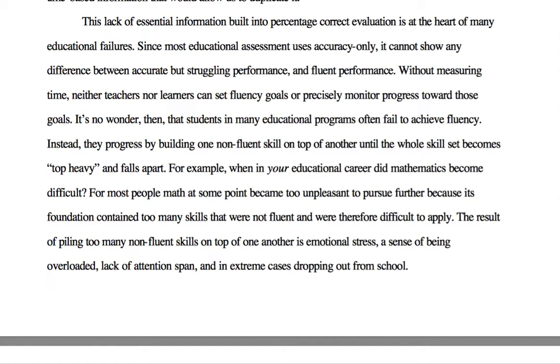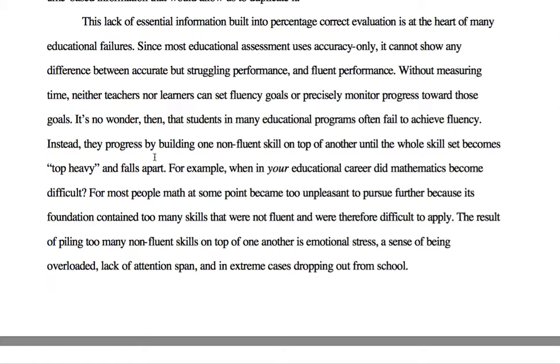Since most educational assessment uses accuracy only, it cannot show any difference between accurate but struggling performance and fluent performance. Without measuring time, neither teachers nor learners can set fluency goals or precisely monitor progress towards those goals. It's no wonder then that students in many educational programs often fail to achieve fluency.